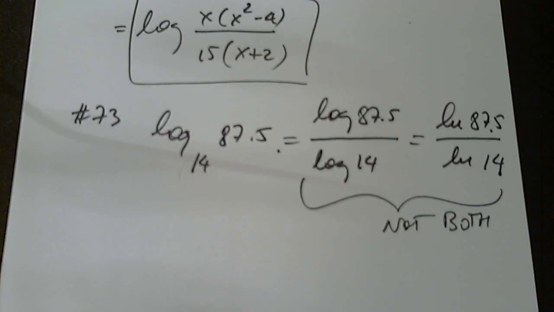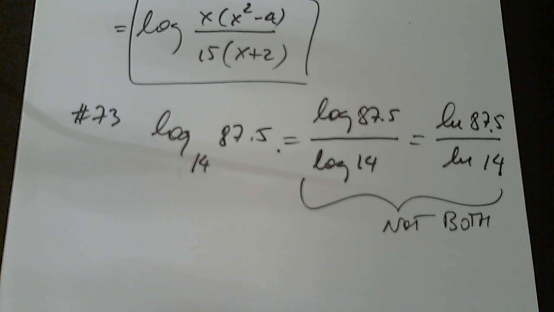So I'm going to share and go to the calculator. Either, not both, as I mentioned, but I will show both though. Common log of 87.5 divided by log of 14. This is not a property. This is not log of 87 over 14.